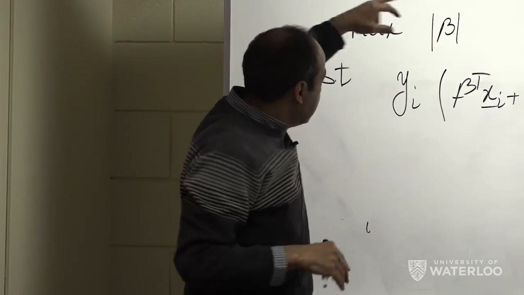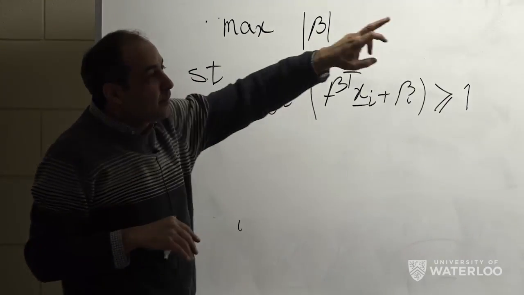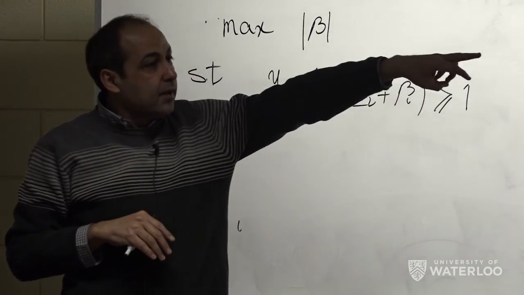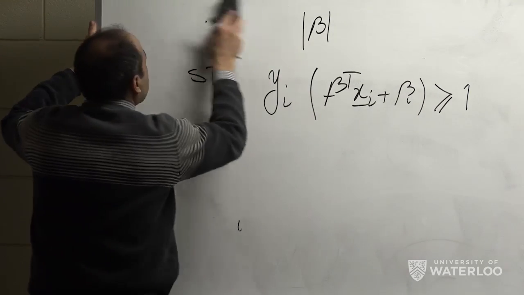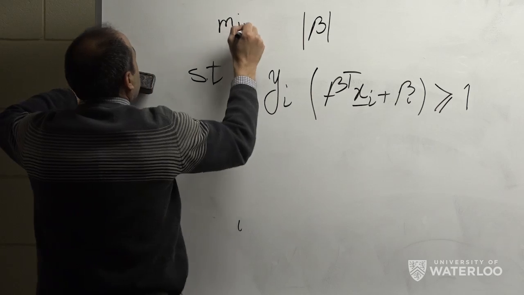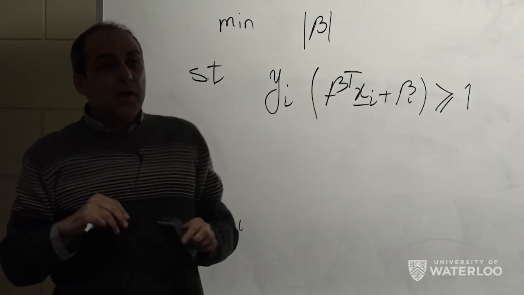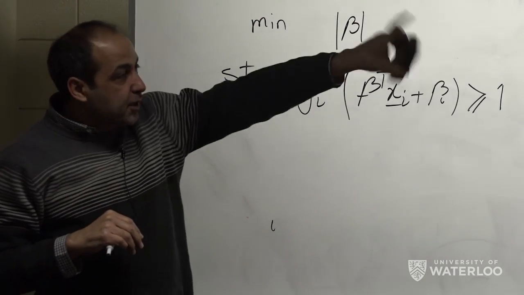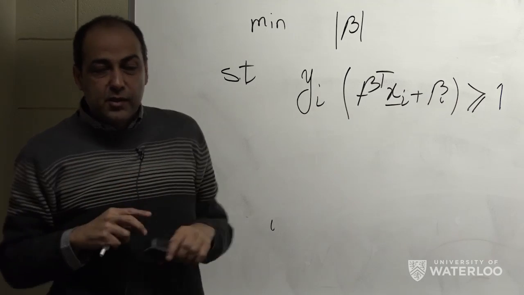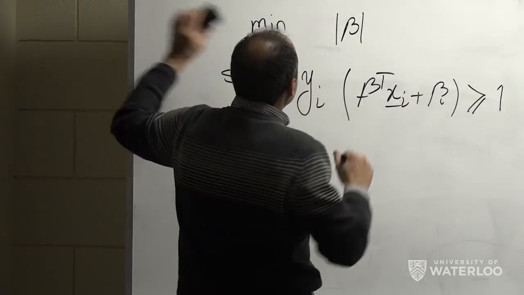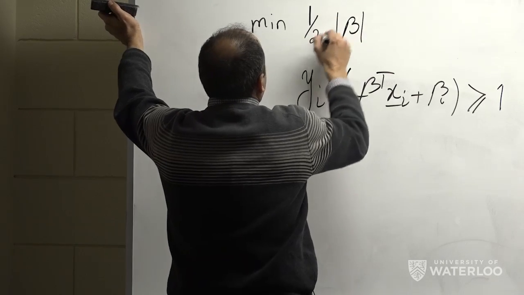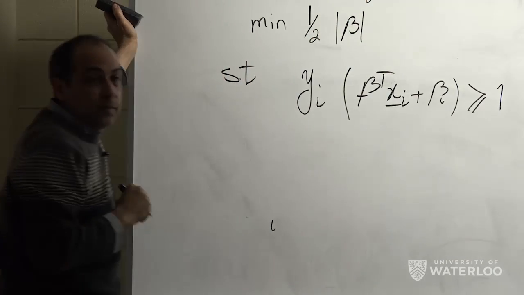To maximize margin, I have to minimize the norm of beta, because minimizing the denominator maximizes the whole fraction. So which norm? I'm going to use norm 2.